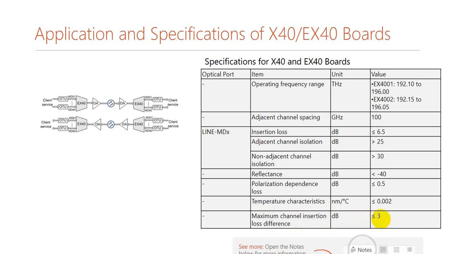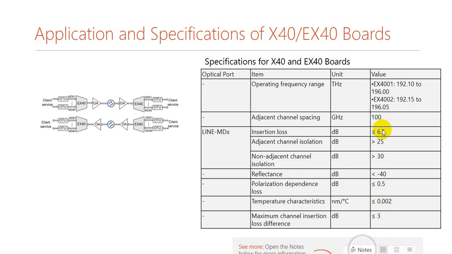The insertion loss mentioned here is less than or equal to 6.5, but the difference between the insertion losses of any channel should not be more than 3 dB, because that is the specification.